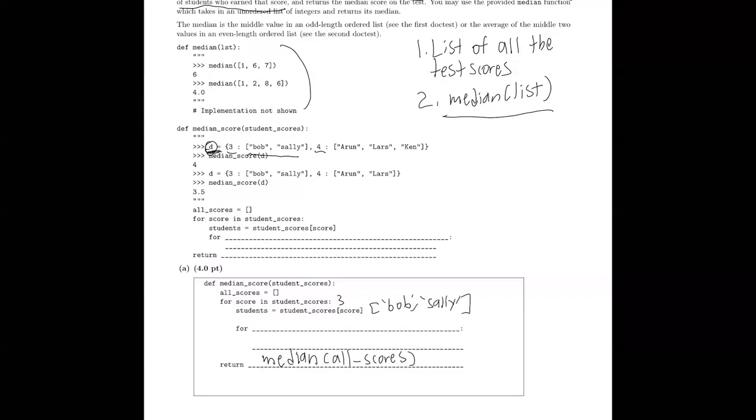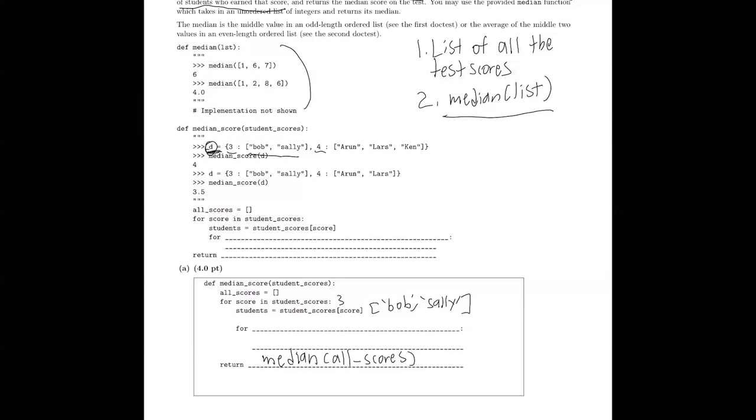Well, now we have this score 3, and we have a list of students that actually scored this score. So we want to somehow add 3 two times to our all scores list, because that way we can keep track of however many students earned 3. Well, how can we do that?